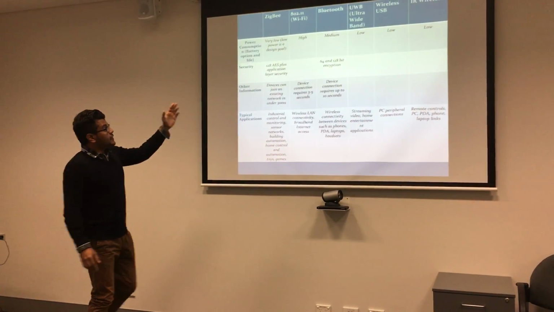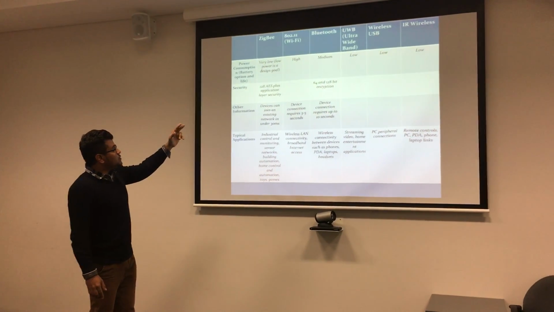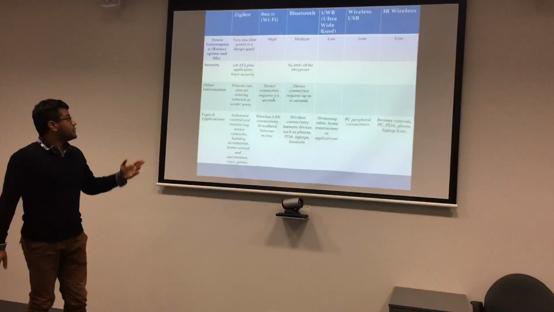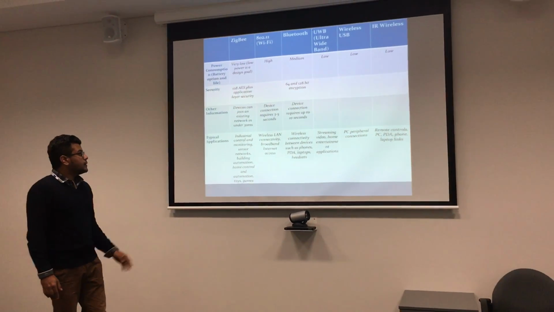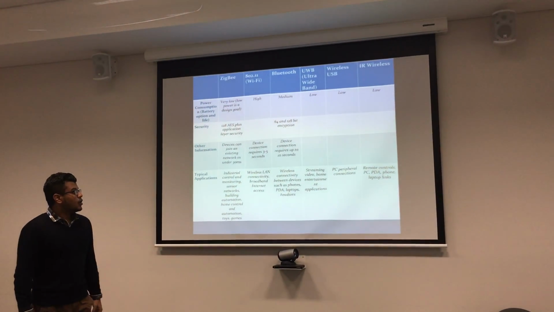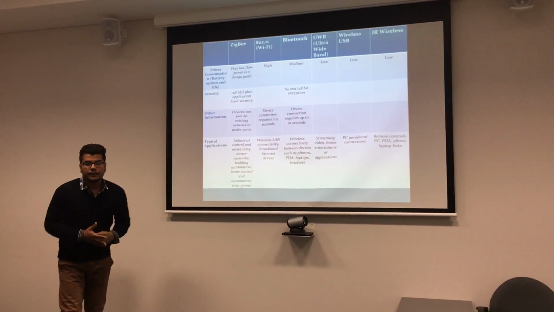Power consumption is very low for ZigBee, and security is 128-bit AES plus application layer security. Typical applications are industrial control and monitoring, sensor networks, building automation, home control and automation, toys, games, etc.